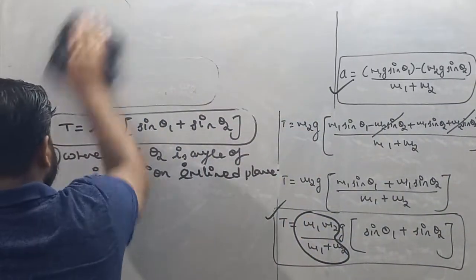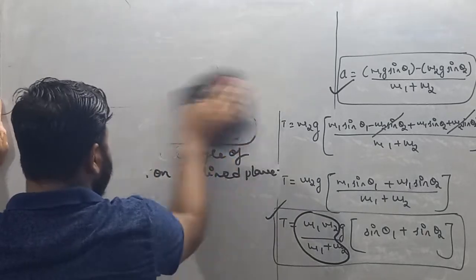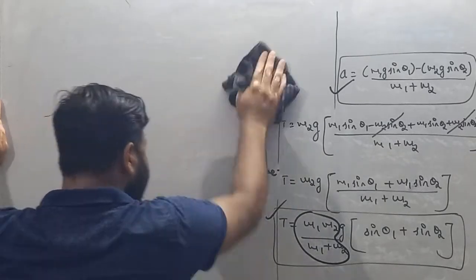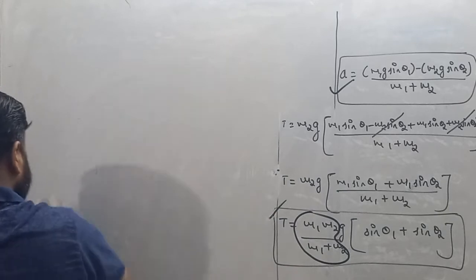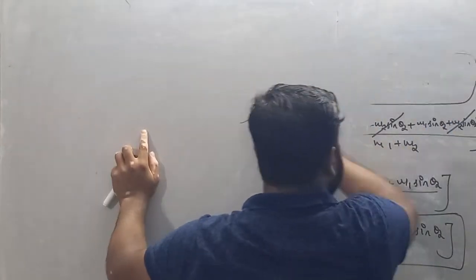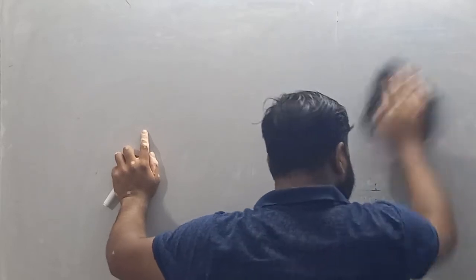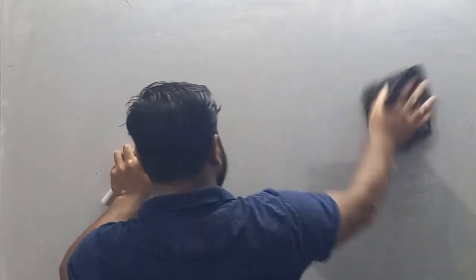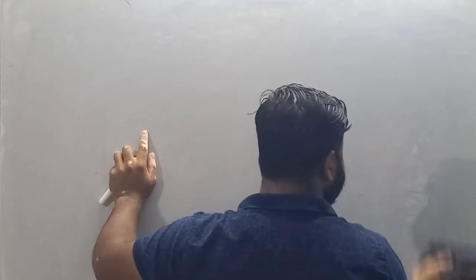We know that if I'm talking about pulley block system, then the acceleration of pulley block system is (mass of bigger block minus mass of smaller block) into g upon mass of bigger block plus mass of smaller block, and the value of tension is 2 m1 m2g upon m1 plus m2. This is the value of tension in case of pulley block system.